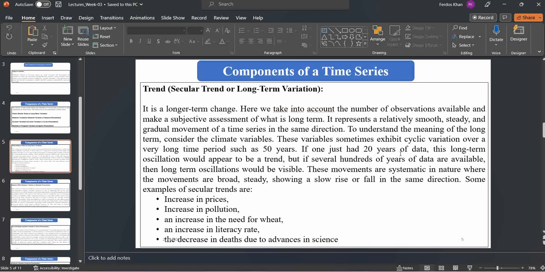So this means that this is a long-term, slow and gradual change in a particular variable. It may be decreasing or increasing. Considering the climate data, if you have long-term climate data, you can see this variation is a cyclic variation. But if you have little data, not 50 years or 100 years of data, then this can appear as a trend.